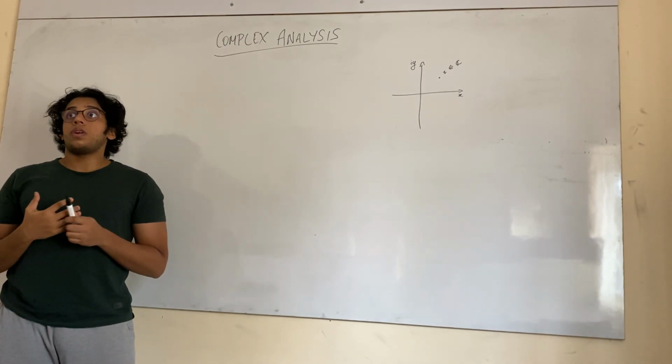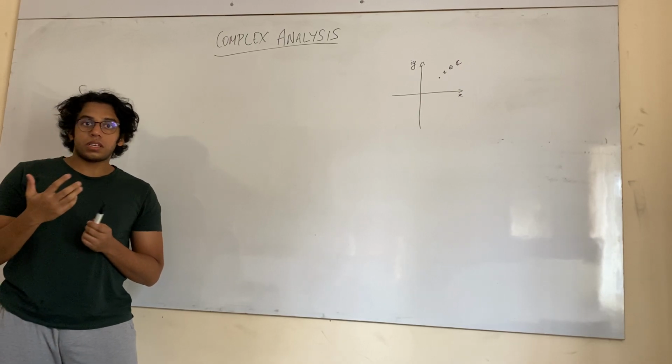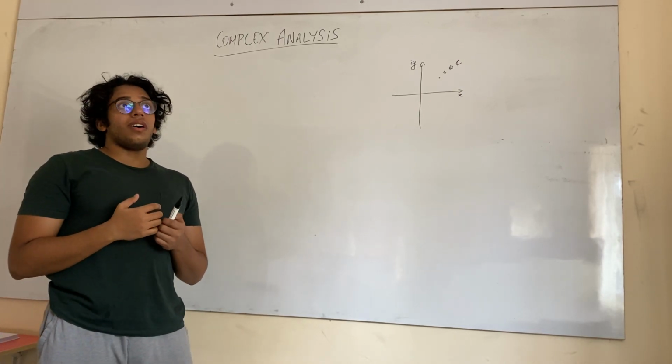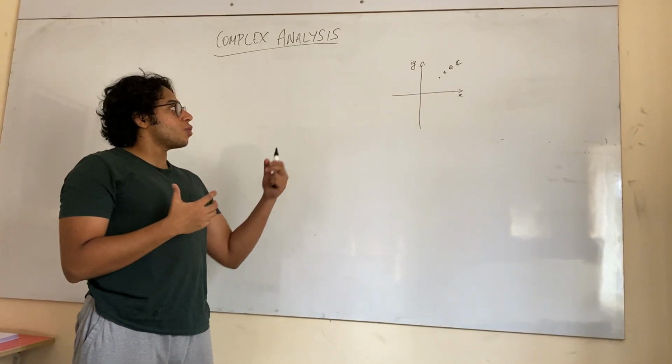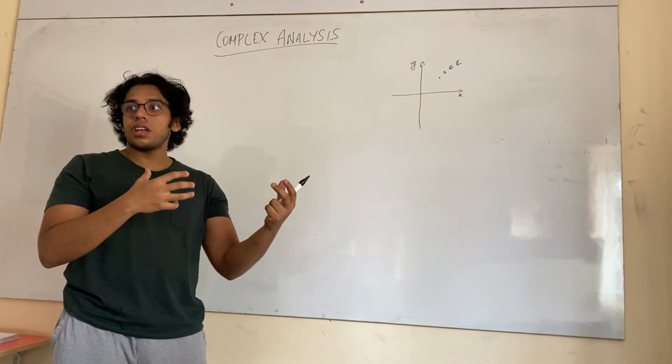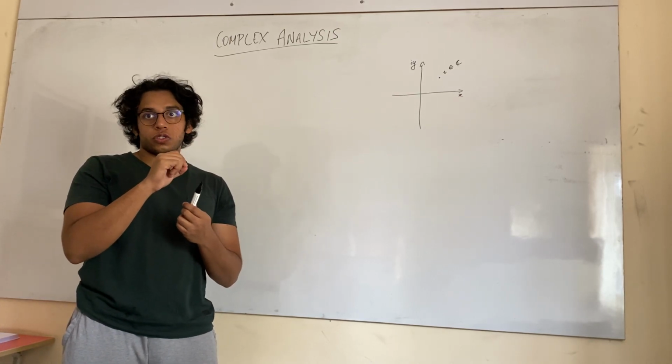When you talk about a function in the complex space, the first thing you need to notice is that you're dealing with a two-dimensional space, and each complex number represents a point in that two-dimensional space.